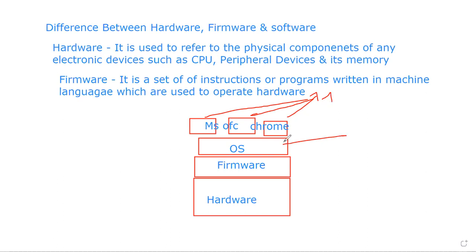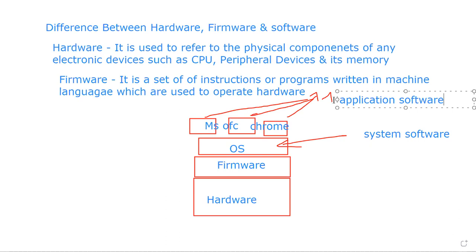And this is our system software. Firmware is installed in the hardware. This is our system software, and this is our application software.